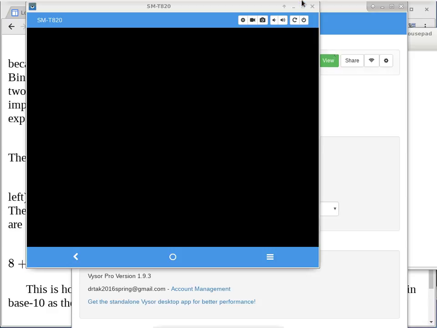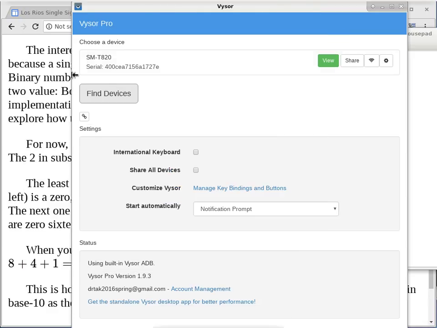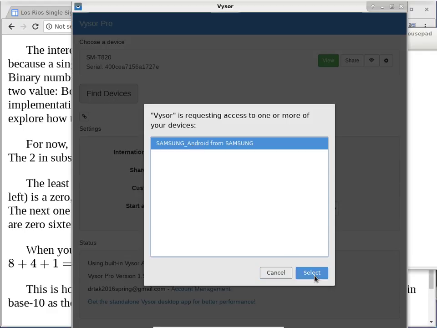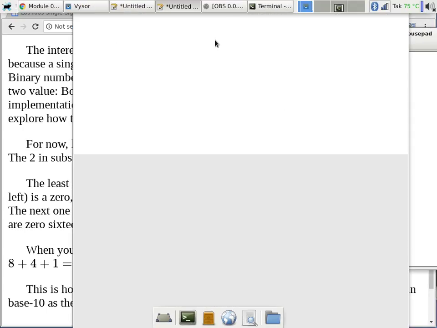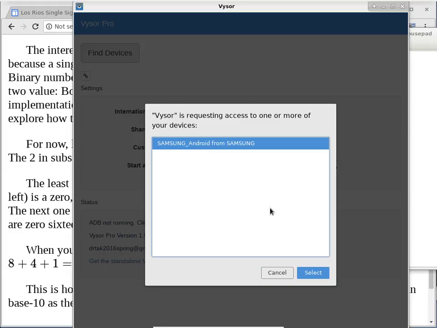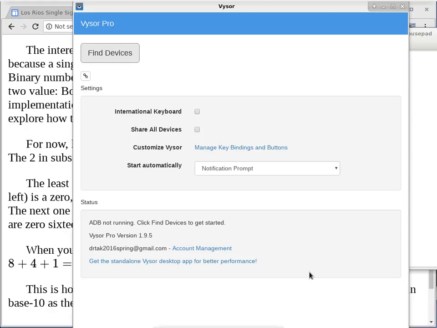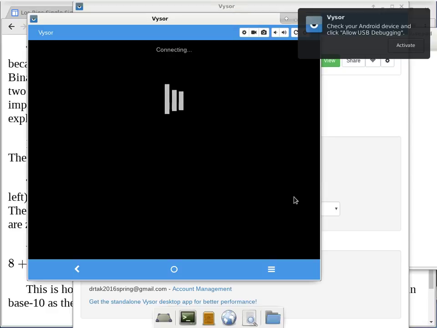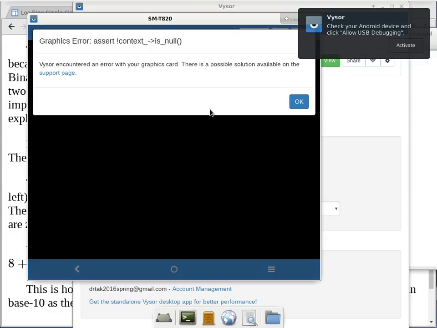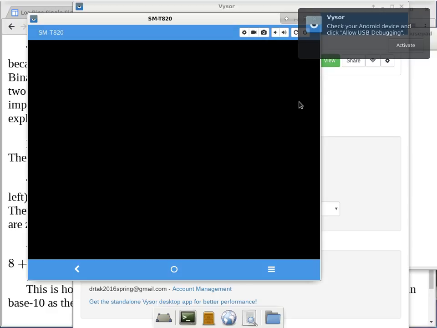Okay, doesn't look like it's going to connect soon, so I'm going to close it and reopen. There we go. Oh, crud. Doesn't work.